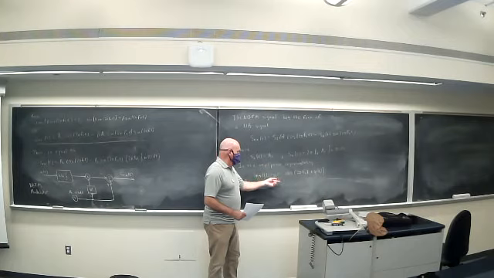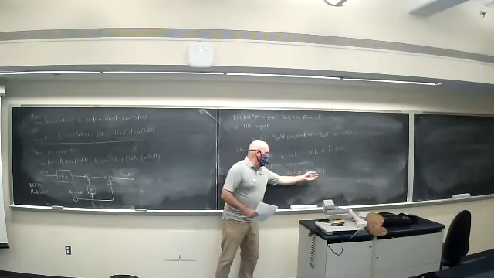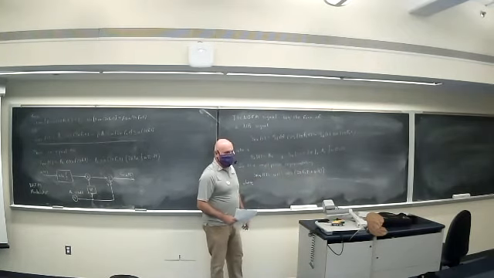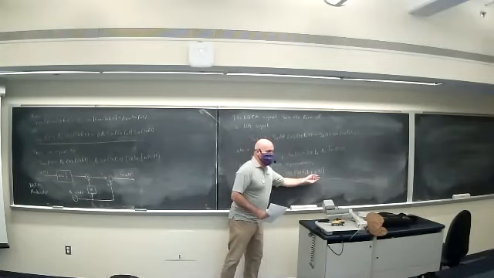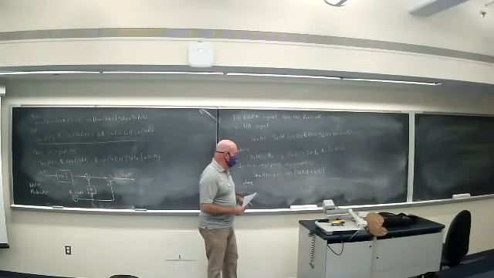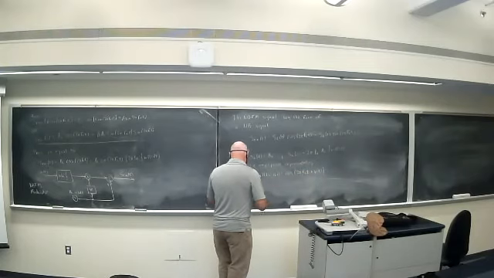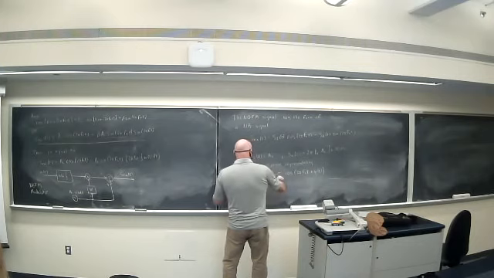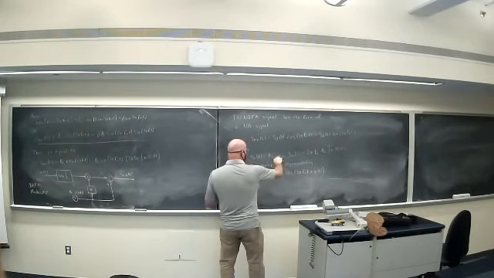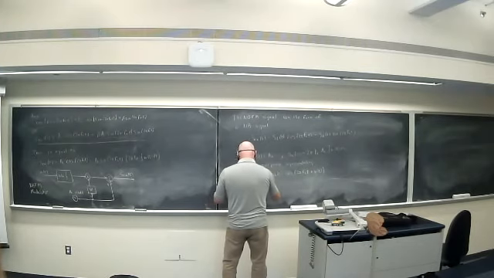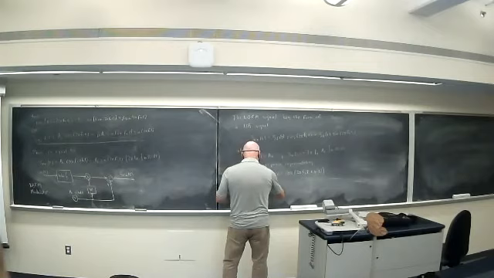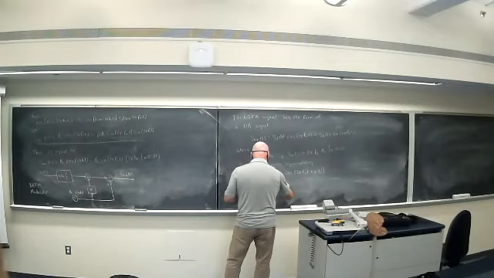If A(t) is varying and we have no phase angle, we've got amplitude modulation. If this is fixed and this is varying, then we've got either phase modulation or frequency modulation. So little A here is the square root of the sum of the squares of our in-phase and quadrature components.